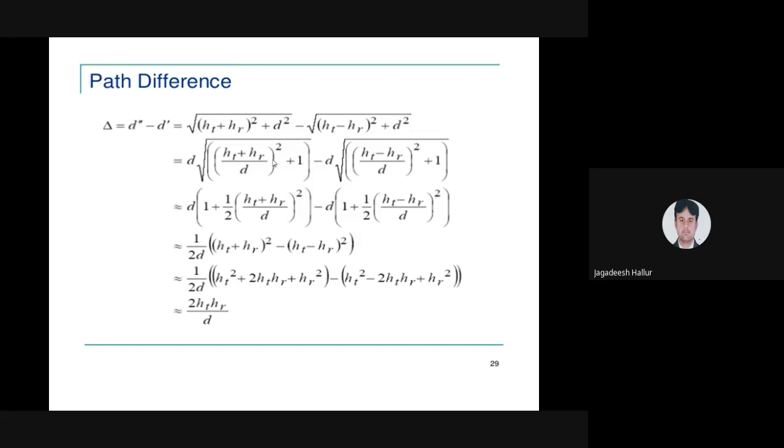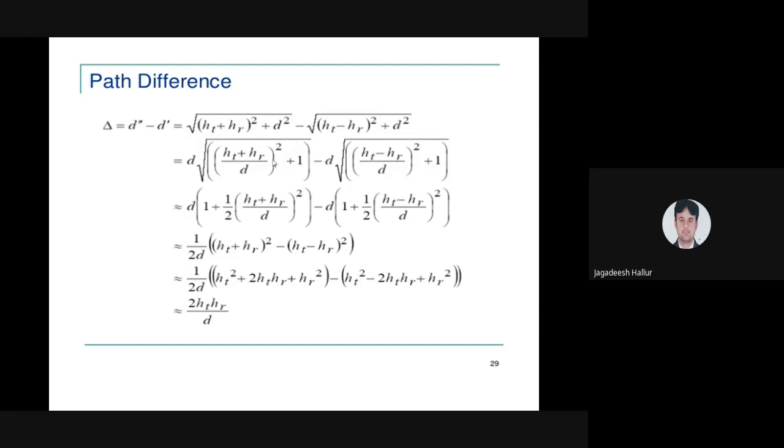The formula I already told you: the height for the ground reflected wave is ht plus hr, and the height of the direct line of sight wave is ht minus hr. So use this: the square root of (ht plus hr) whole square plus d square, where d is the total distance, minus the square root of (ht minus hr) whole square plus d square.